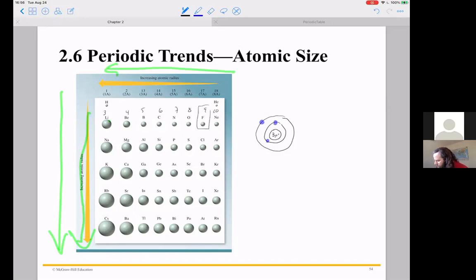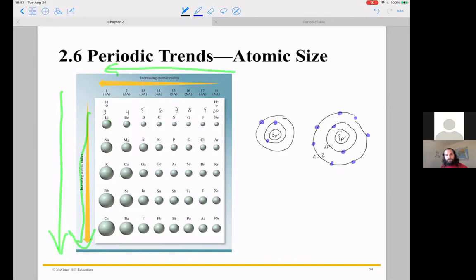Now let's go over to fluorine, something on the other end of it. It has 9 protons. 1, 2, 3, 4, 5, 6, 7, 8, 9, and 9 electrons. But 7 of those electrons are sitting at the same principal quantum number, right? So the innermost electrons would be a principal quantum number of 1.